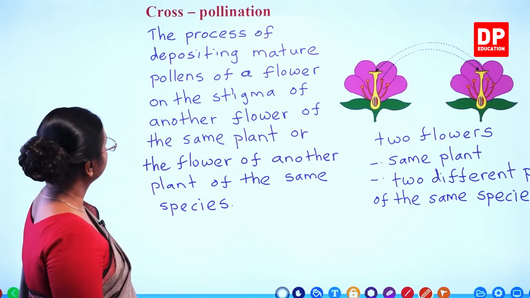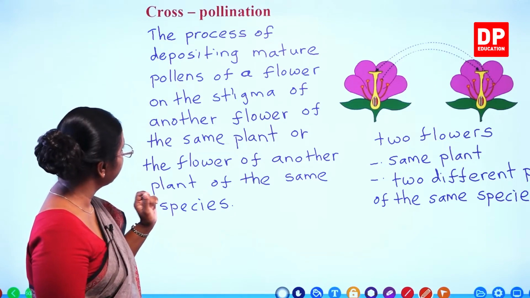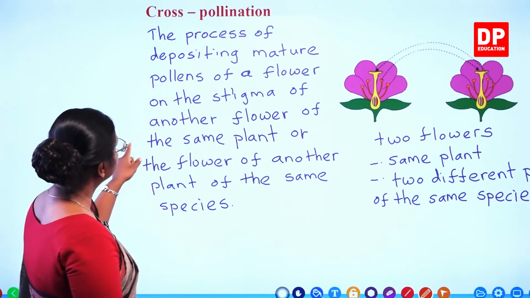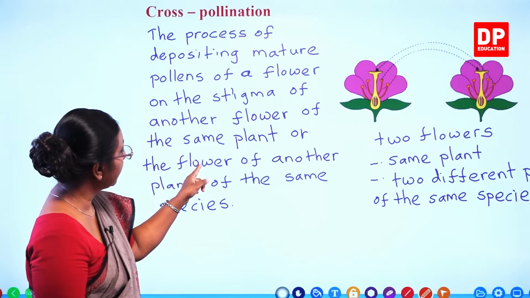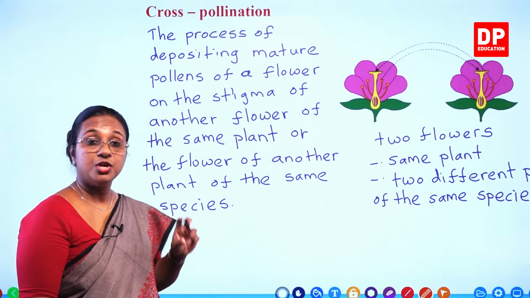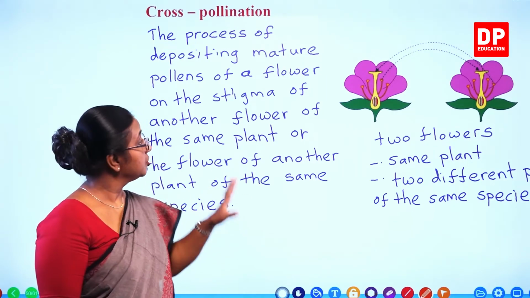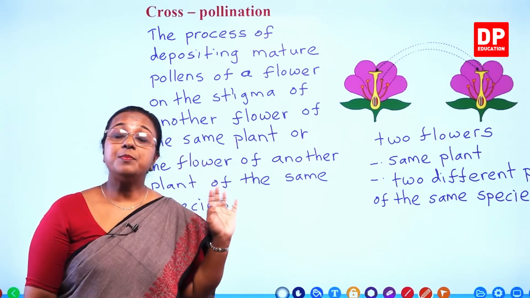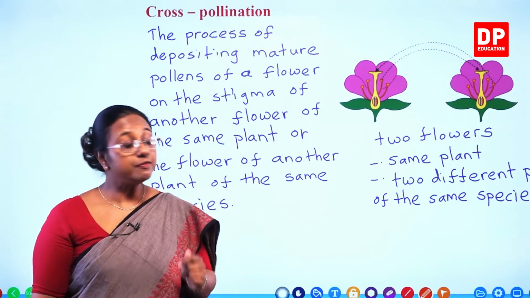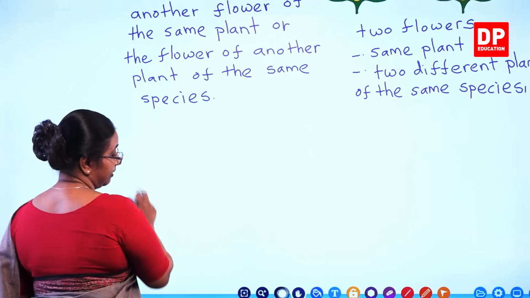That is also okay. The process of depositing mature pollens of a flower on the stigma of another flower of the same plant or the flower of another plant of the same species. So either way, there needs to be two flowers involved. In this, there is the possibility of mixing of characteristics, especially when there are two plants involved.